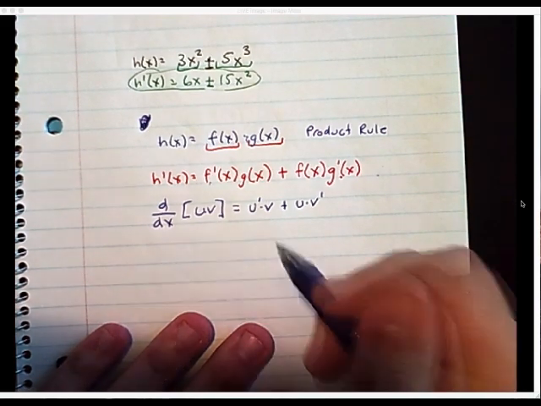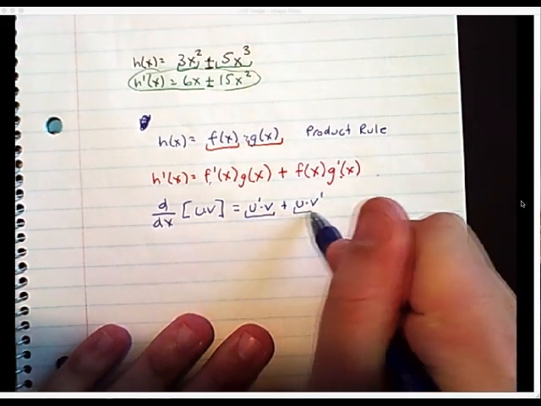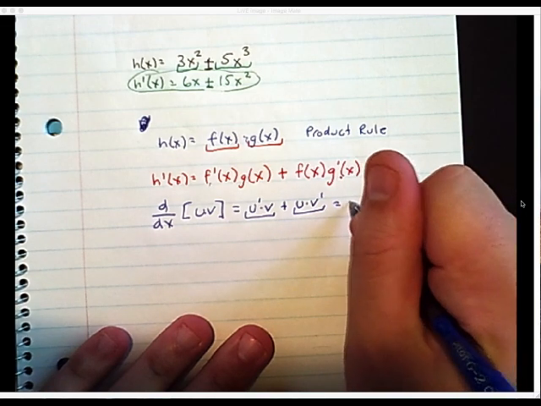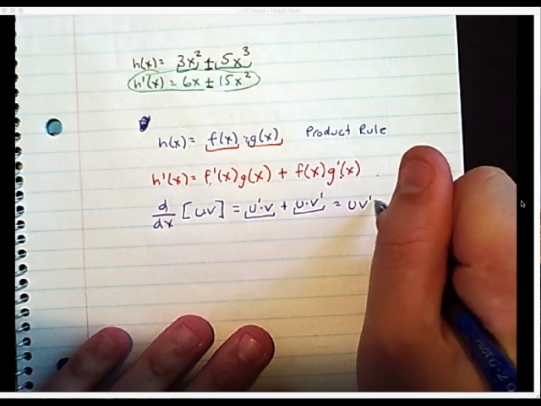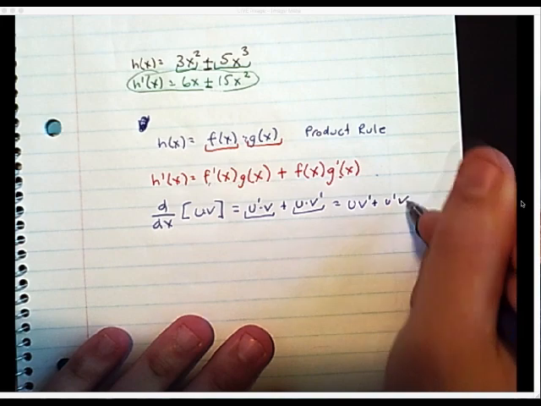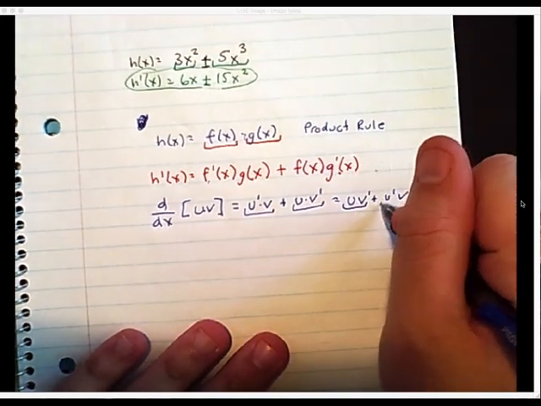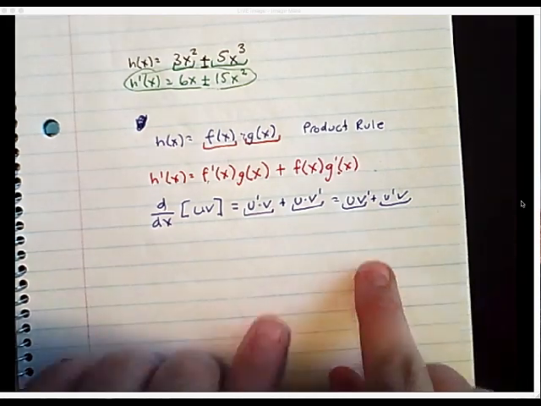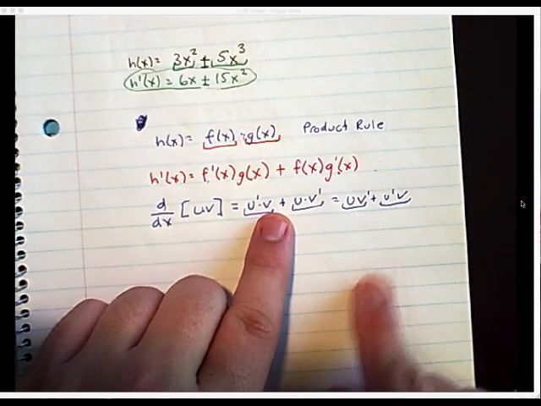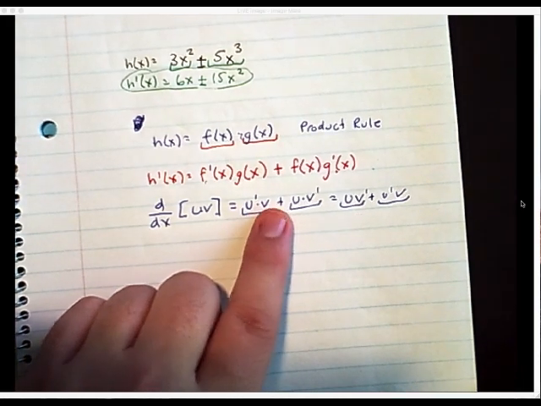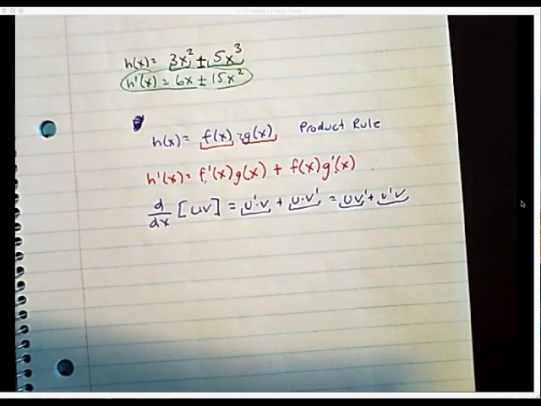It doesn't really matter which one of these you do first. You could rearrange those. You could say u v prime plus u prime v. Doesn't matter which order it's in. Basically, all I did is rearrange the order. We know addition is commutative, so you can rearrange the order. Not a big deal.